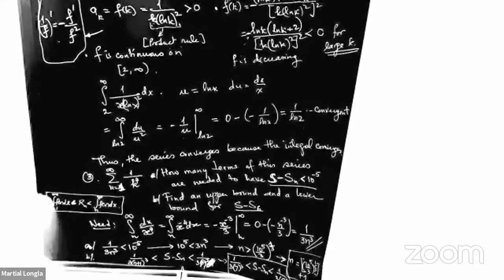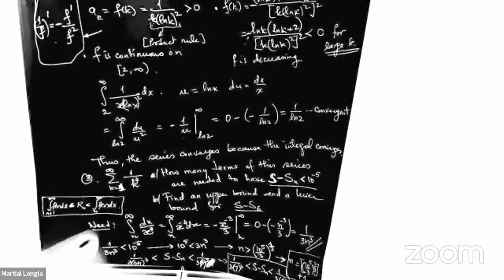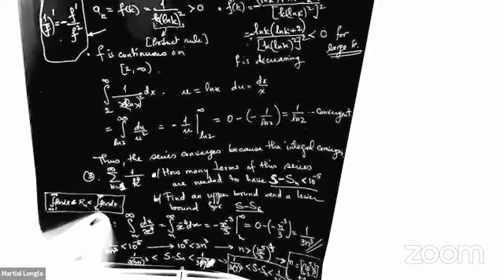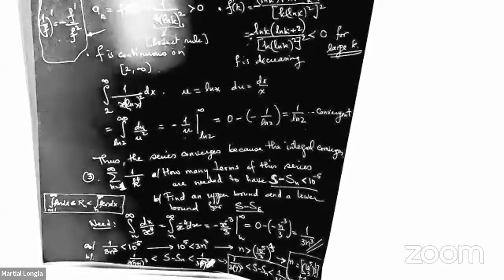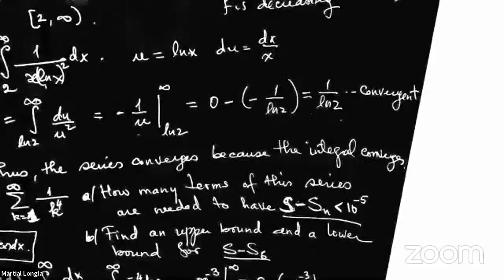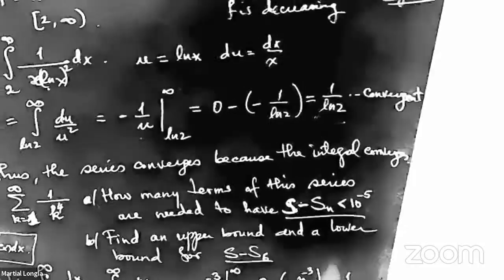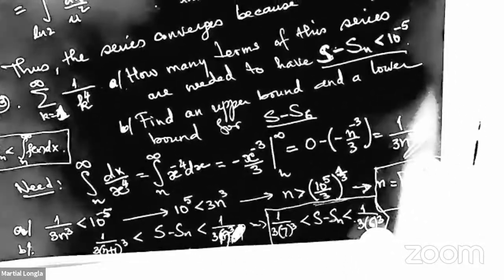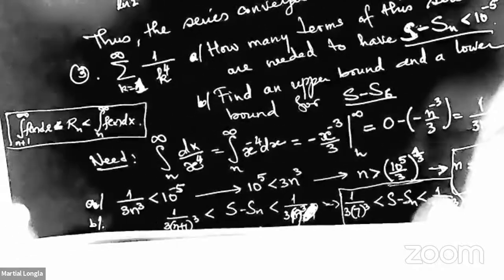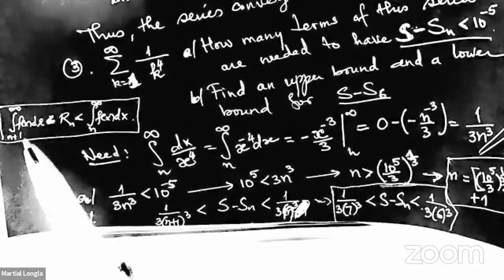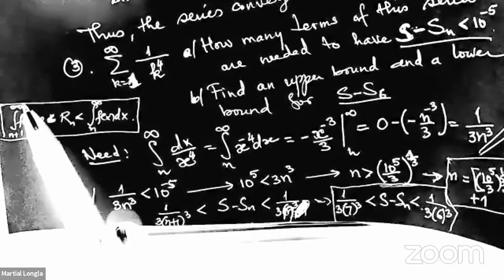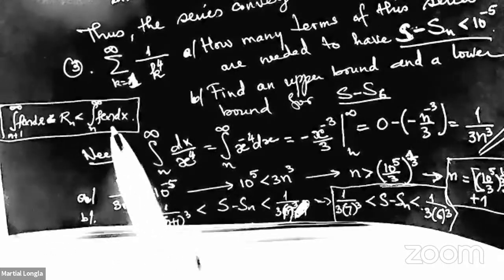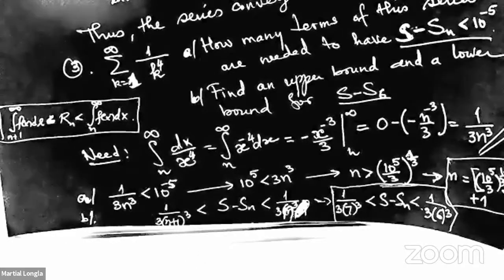Let me zoom in on this. All right, that's what I'm explaining, right? Integral from n plus 1 to infinity of f of x dx less than Rn, less than the integral from n to infinity of f of x dx.